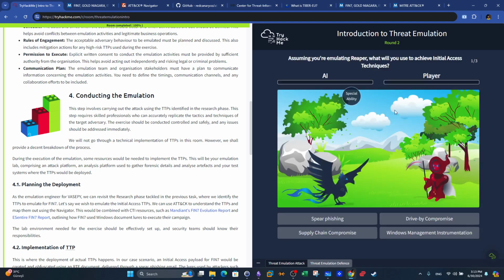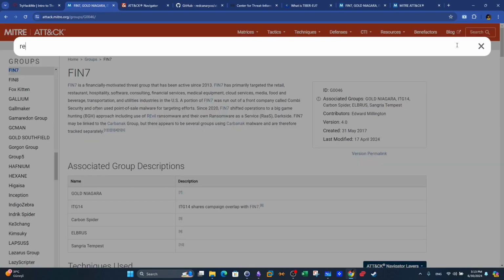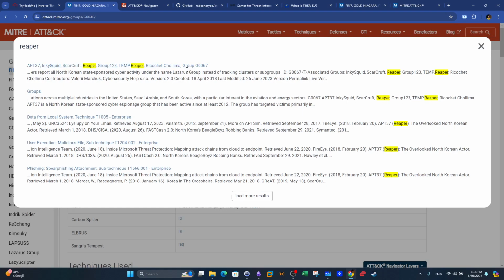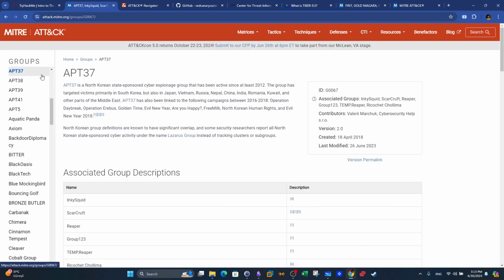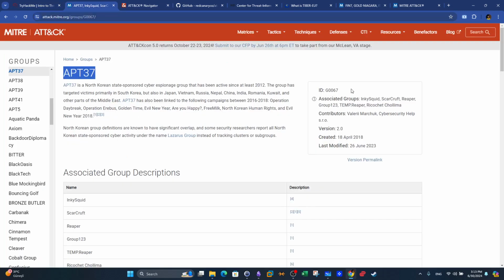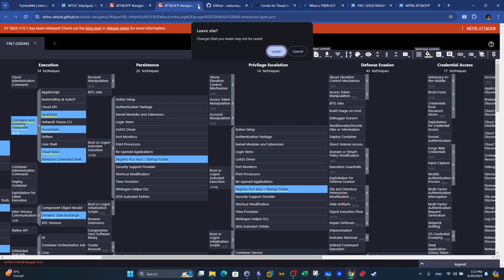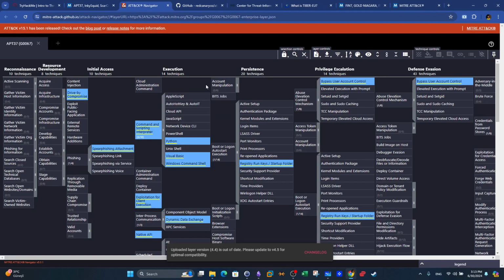1, 2, 3, fight. Assuming you are emulating Reaper, what will we use to achieve initial access techniques? Back to the navigator. Reaper. So Reaper is APT37. What are we going to use for initial access? Okay, open the navigator and go to initial access. In initial access, we have 10 techniques.